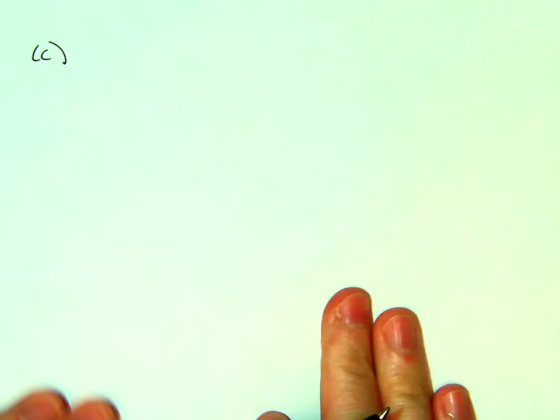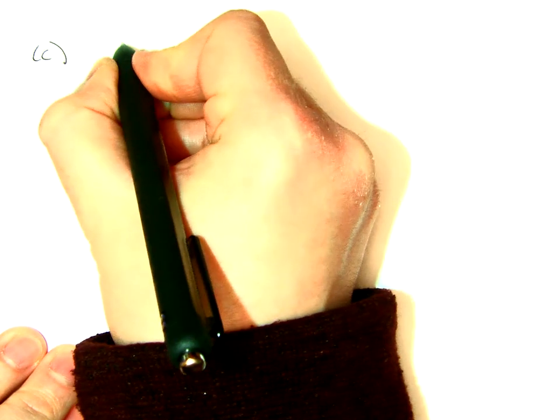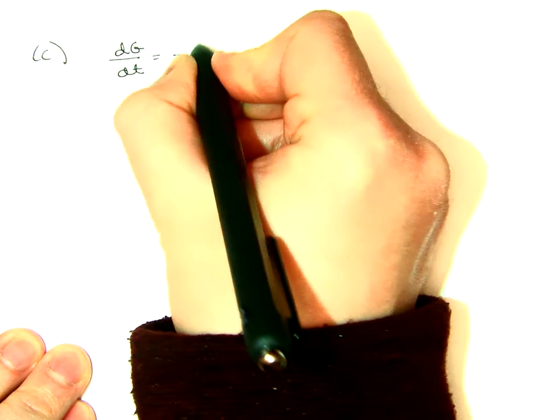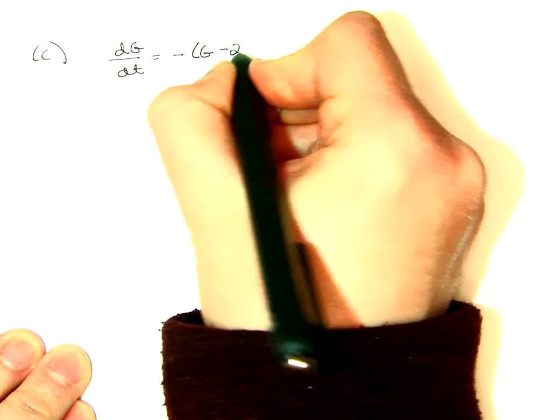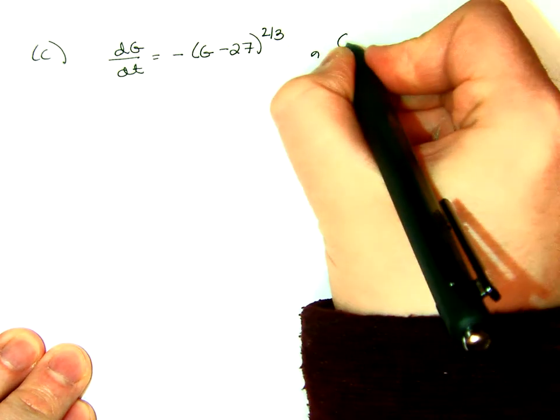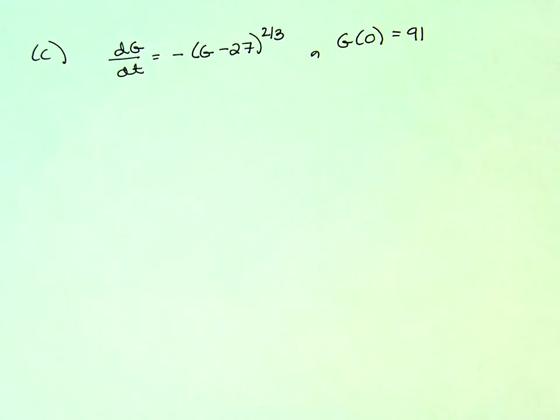We're told in part C that an alternate definition for the differential equation would be dg dt equals negative g minus 27 to the 2/3. We're told that g of 0 equals 91. So g is our temperature, t is our time. We're asked to solve this differential equation and then use it to find the actual temperature of the potato at time t equals 3.